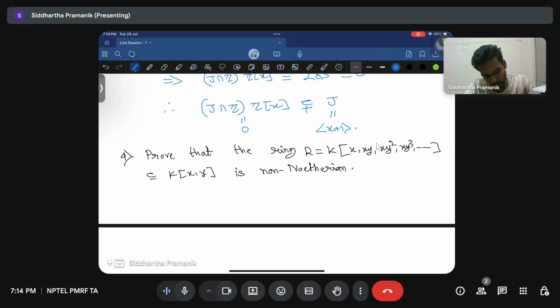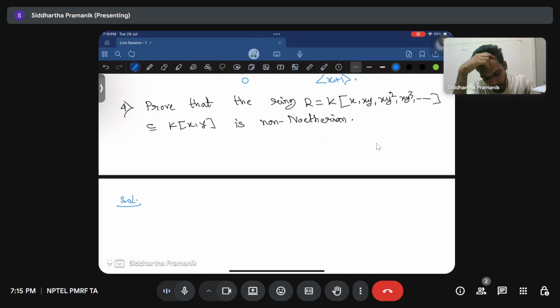Okay, so we have to prove that this ring is non-Noetherian. We have seen three equivalent conditions for a ring to be Noetherian, so we can use any one of them to prove the counterpart.